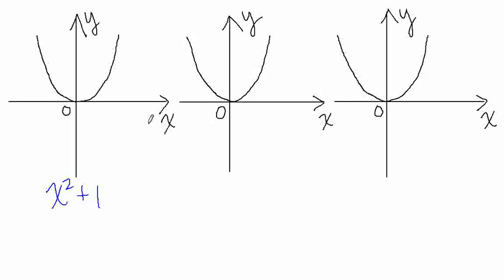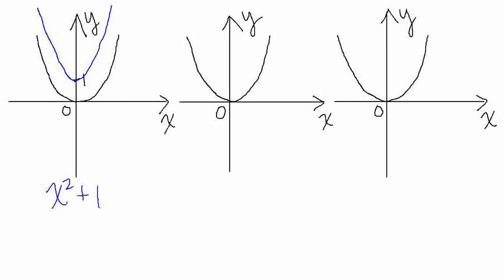If you do that, you will see that the y values are increased by 1 relative to the old y values, and that has the effect of raising the graph. It'll look something like this.